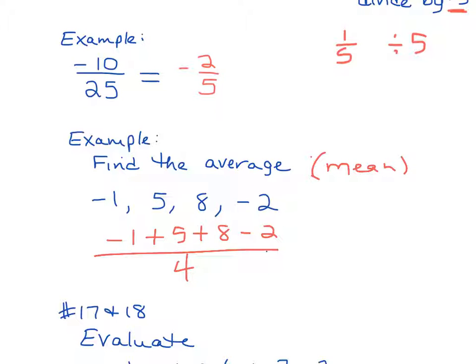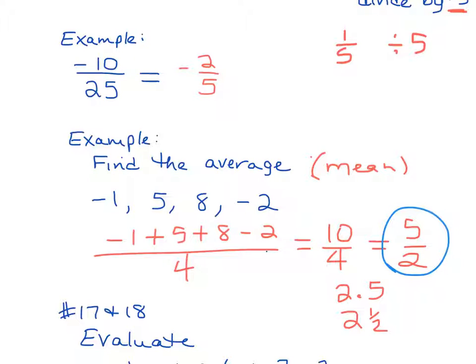So negative 1 plus 5 plus 8 minus 2 is going to give me 10. Got to watch your signs. And then I'm going to divide that by 4. And I'm okay with you just leaving it improper. Now, if you want to make it a decimal, it's going to give you 2.5. If you want to make it a mixed number, it gives you 2 and 1/2. But I'm okay with you just leaving it like that.